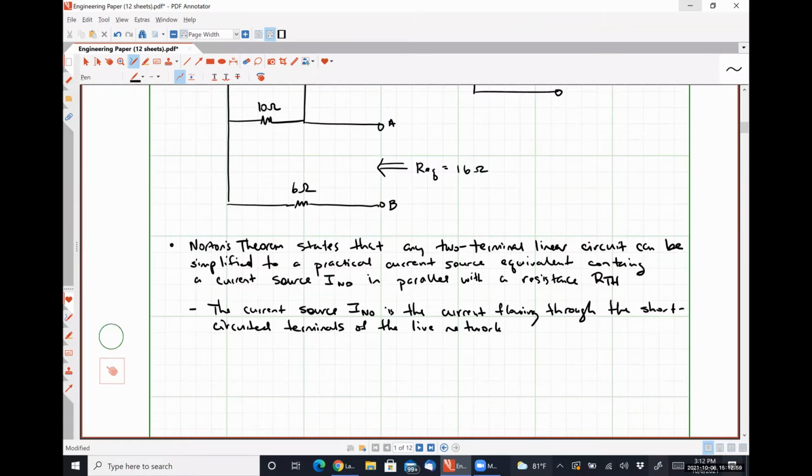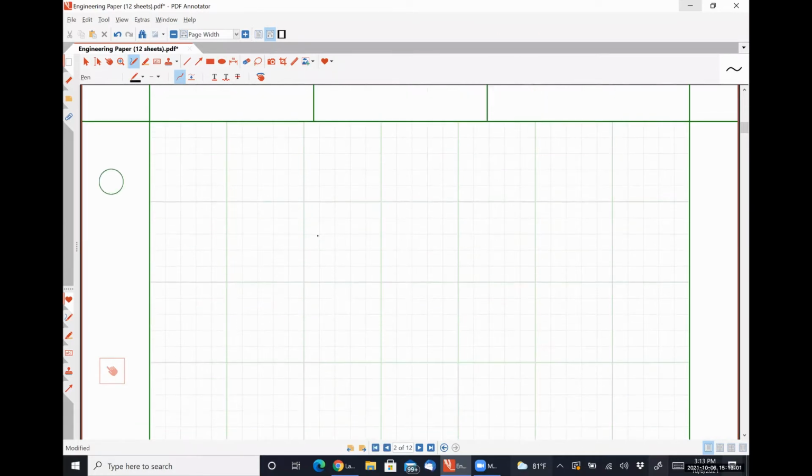So I'll redraw this. We had a 3 amp source directed to the right. This was a 10 ohm resistor.